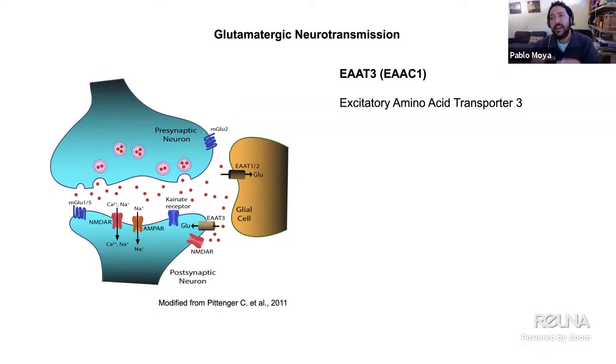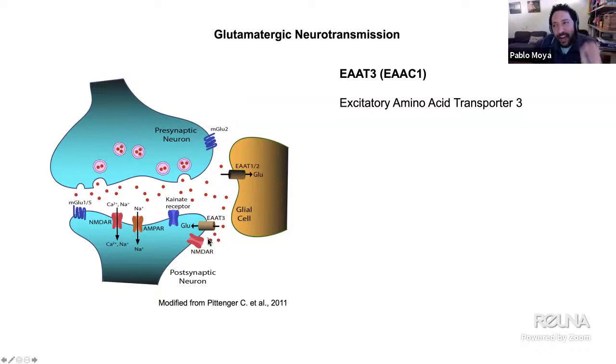But EAAT3 is located postsynaptically in neurons, so the contribution is not that obvious. When estimating how much glutamate is transported by EAAT1 and EAAT2 versus EAAT3, the glial ones do 90% of the job. That's perhaps why, from a neurochemical perspective, EAAT3 was historically neglected.